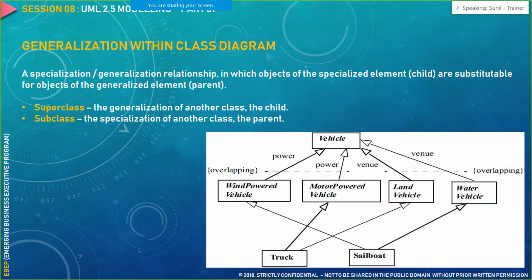Now, when it comes to generalization, we have two things over here, superclass and subclass. Now, a superclass is the generalization of another class, essentially called the child, and a subclass is the specialization of another class called the parent. So, if you see vehicle, now if we consider vehicle, we have different other things to be considered.